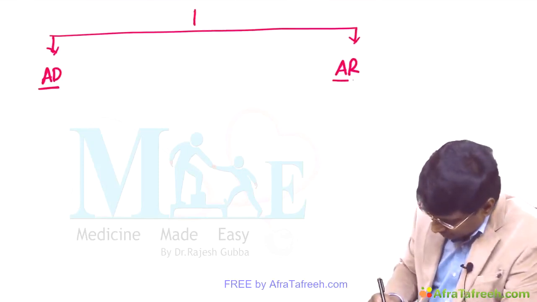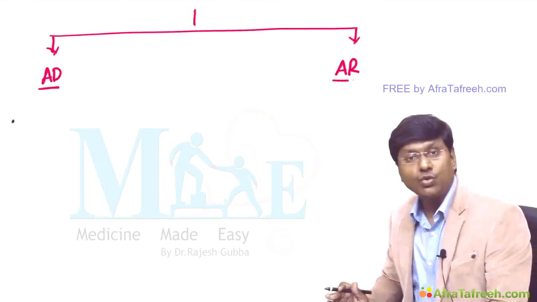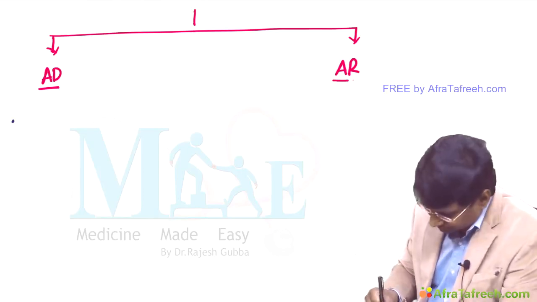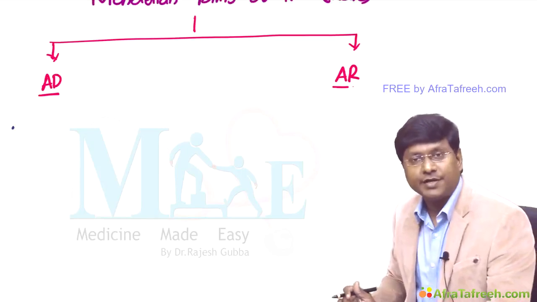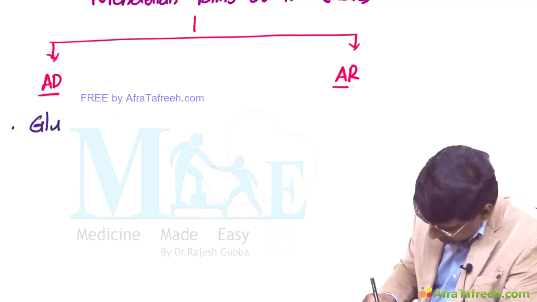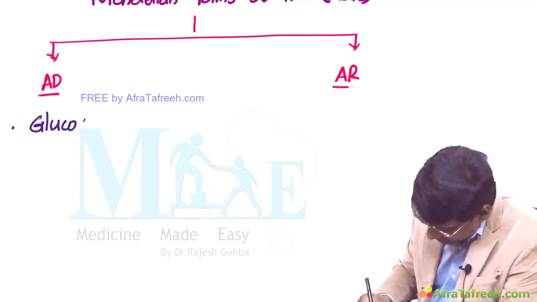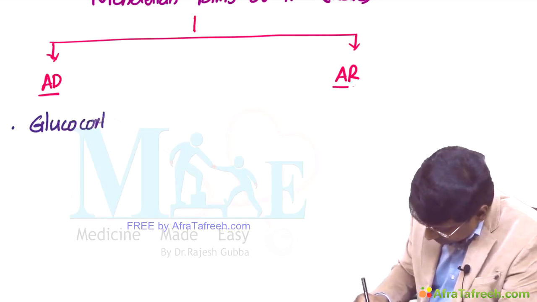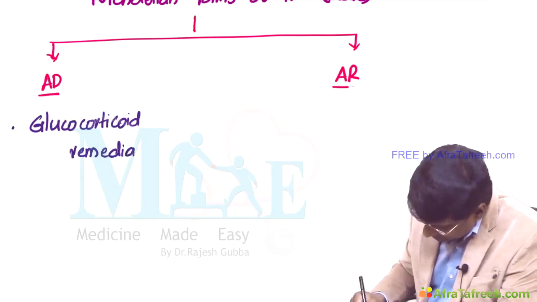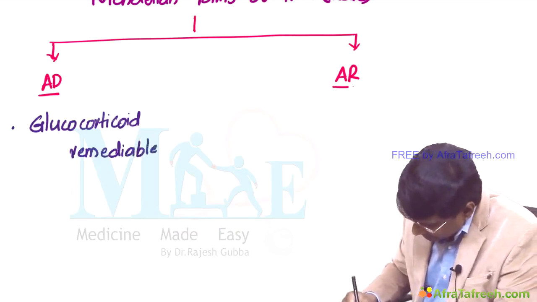Autosomal dominant conditions include what is called glucocorticoid remediable hyperaldosteronism.